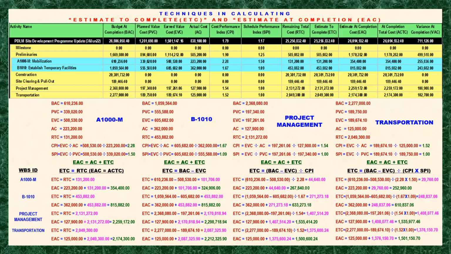Okay, I will give you some hints. The techniques used to calculate the estimate to complete are provided to be used only in projecting the remaining cost of the project to arrive at the estimate at completion, which can be based on, first, the actual assessment or estimate of the remaining cost to be incurred.